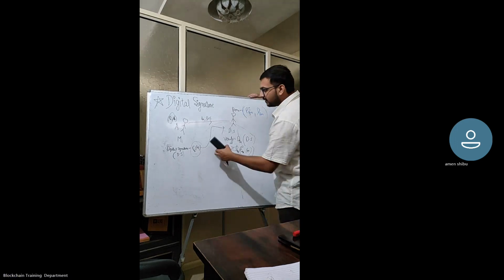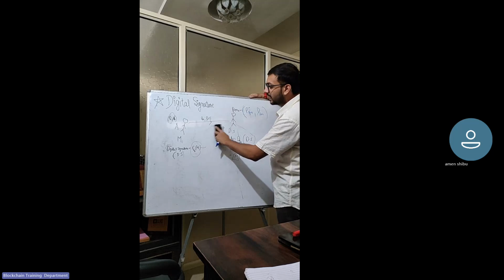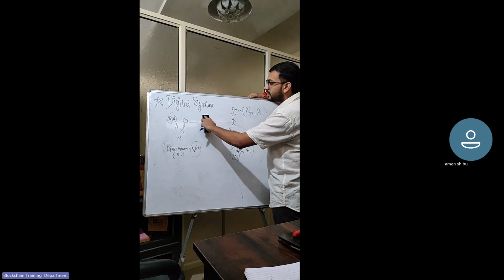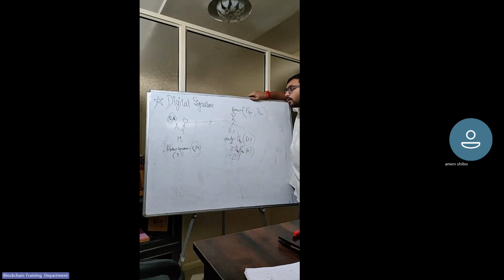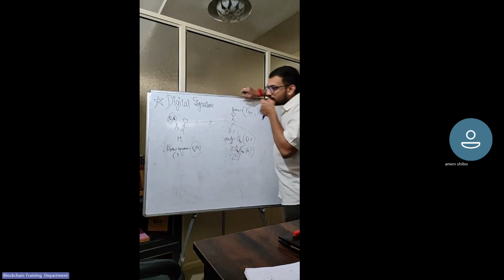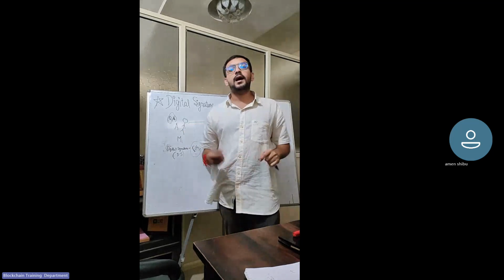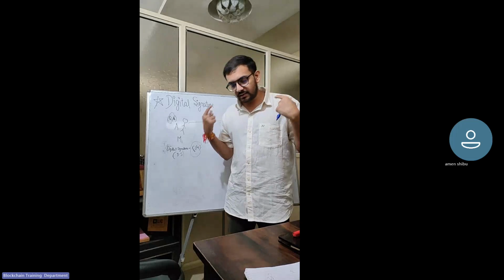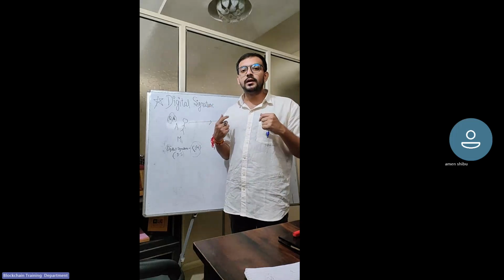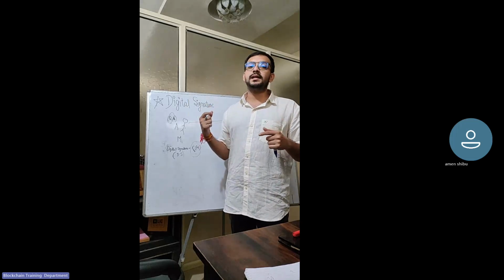Now, I'm not sending the direct digital signature. A will say, Amin, I want to send my digital signature to you, but not everyone should be able to see and verify it.